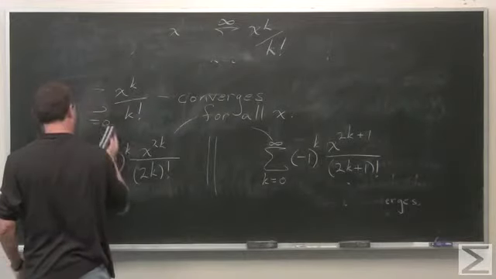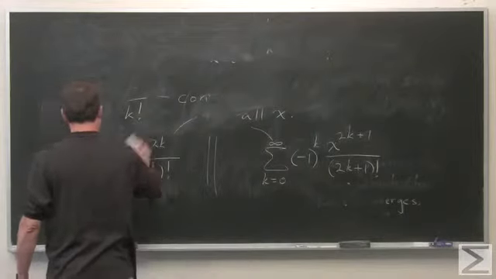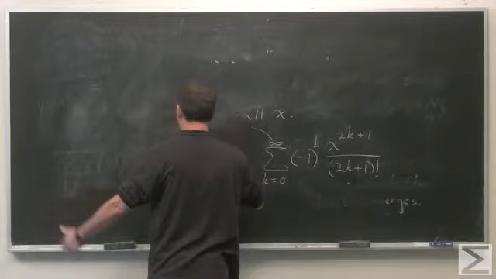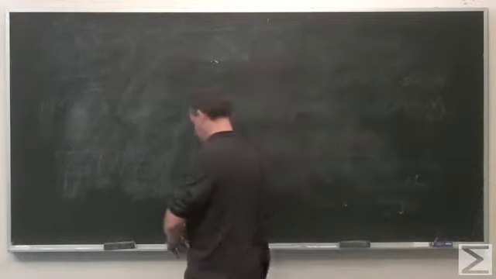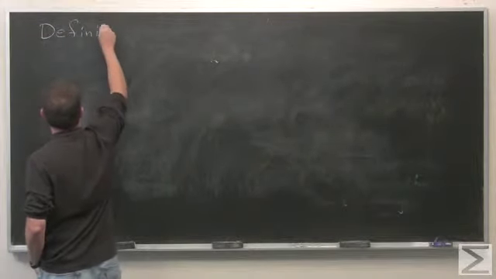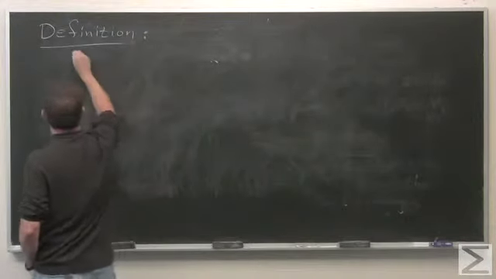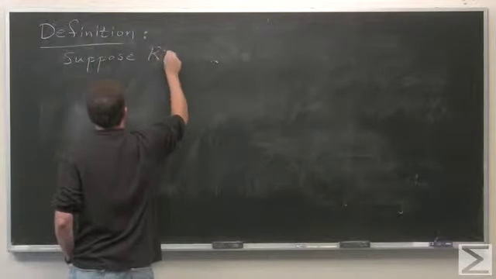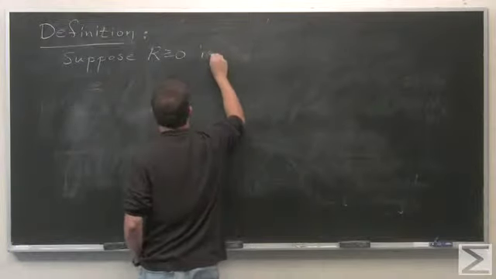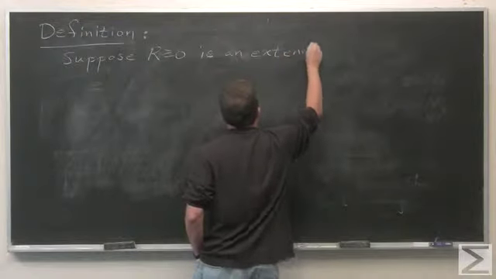So we need a definition just of an interval centered at A. So, definition. Suppose r greater than or equal to 0 is an extended real number. That just means it's either a real number or it's positive infinity.